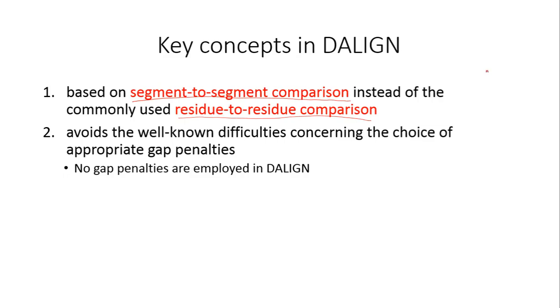The authors of this paper advocate that by using this concept, you can avoid the well known difficulties concerning the choice of appropriate gap penalties. These authors say that they do not use any gap penalties in DIALIGN, and how things are done, I will try to explain to you.